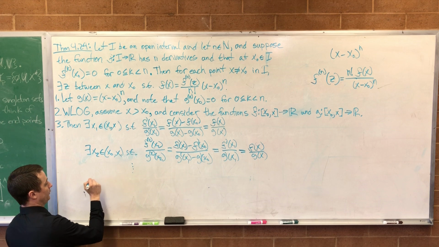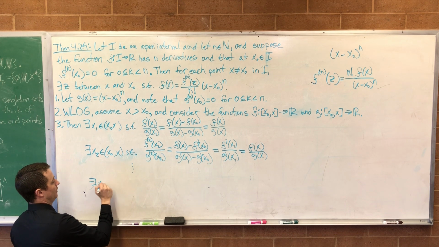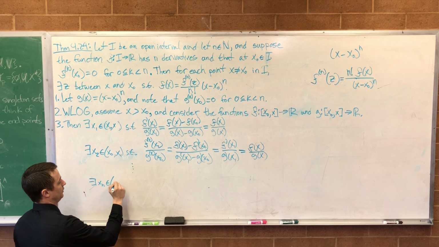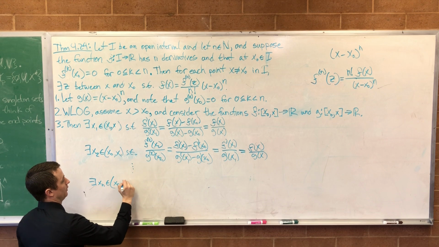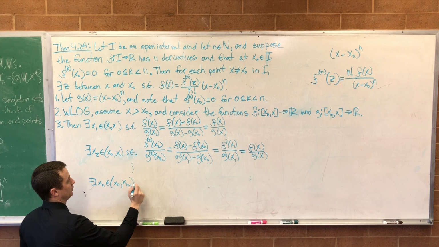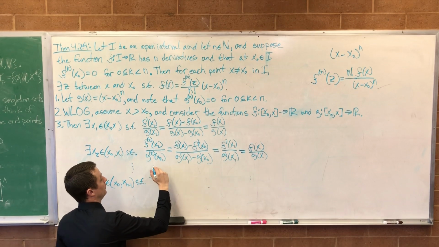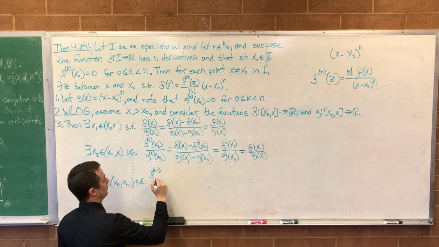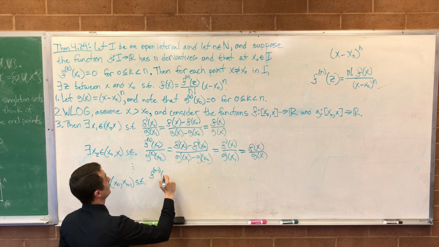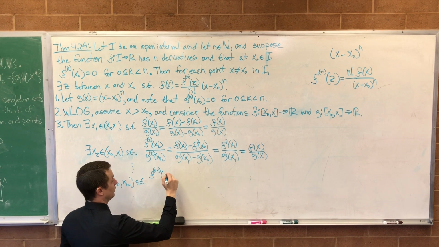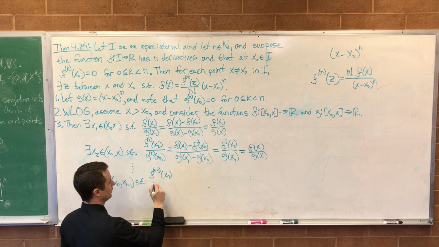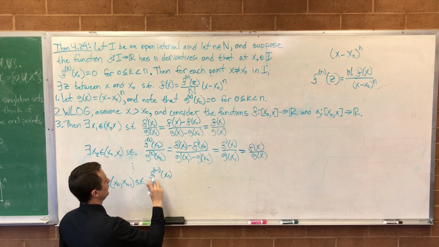And in general, we could repeat this process and we could say that there exists x sub n in x naught to x sub n minus 1 such that the nth derivative at x sub n. Isn't it just the nth derivative? Yes, thank you.